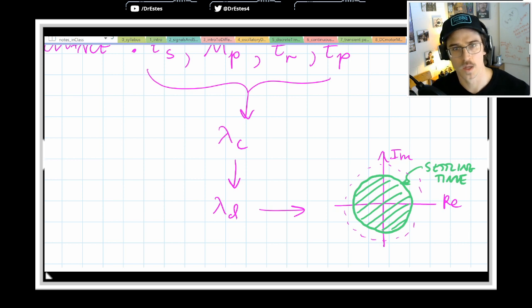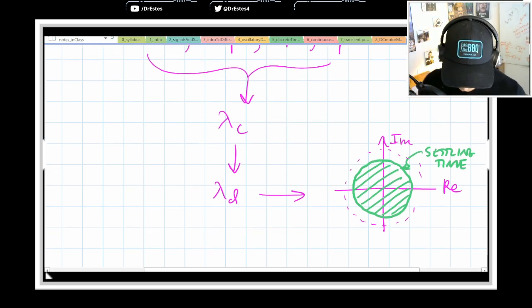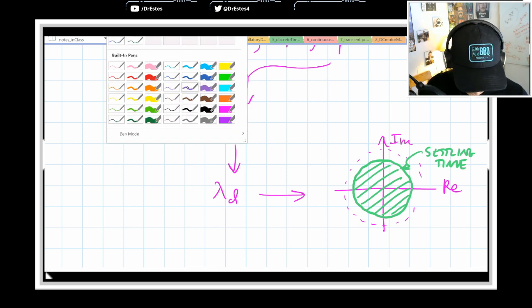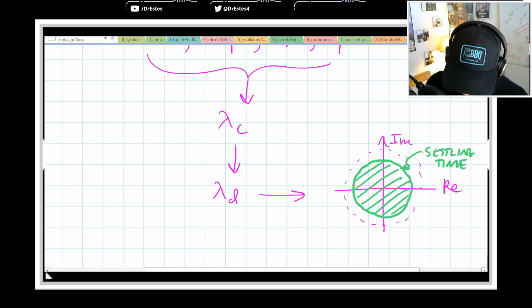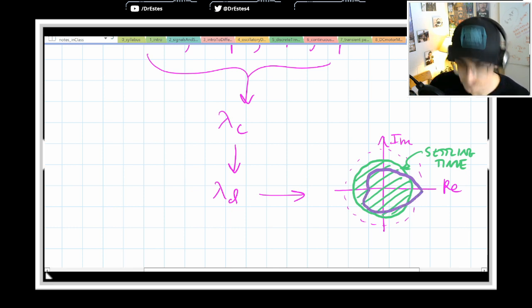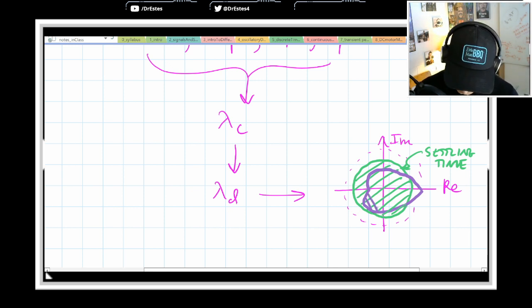All right. The next one we started looking at was overshoot. And this makes a different shape. We're going to see it looks something like a heart sideways. So let's fill this in.